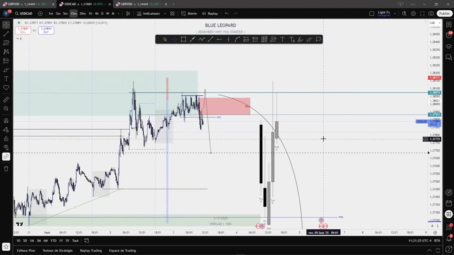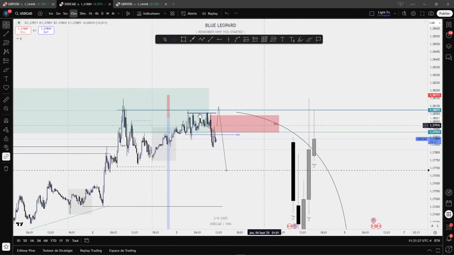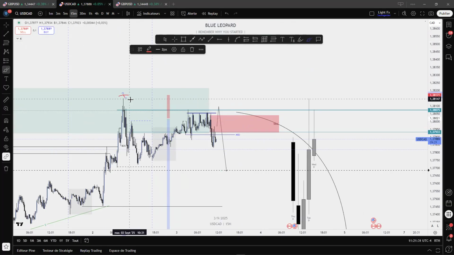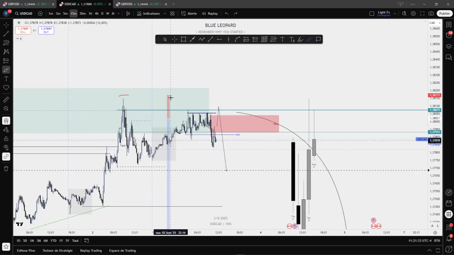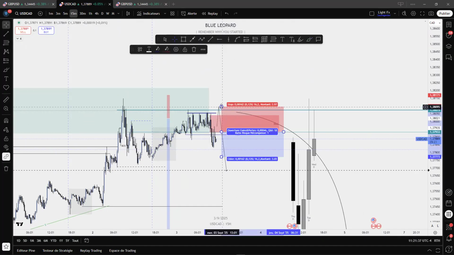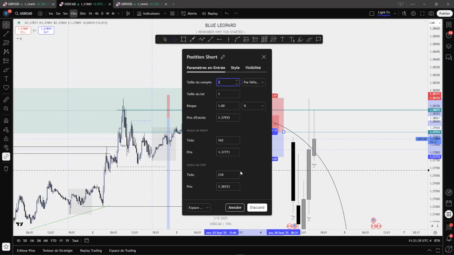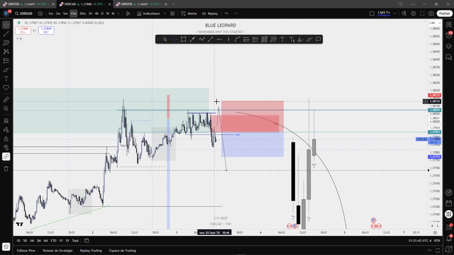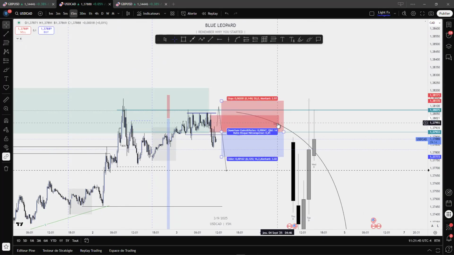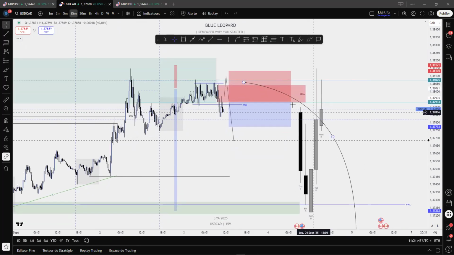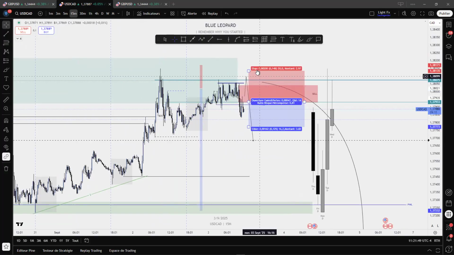So what I'm expecting to see is price return into this sell zone, protect above this, okay, and we can take a sell like this, protect around here. This is a 20 pips trade. You can see it here, 20 pips trade. I don't expect price to continue higher above my line.